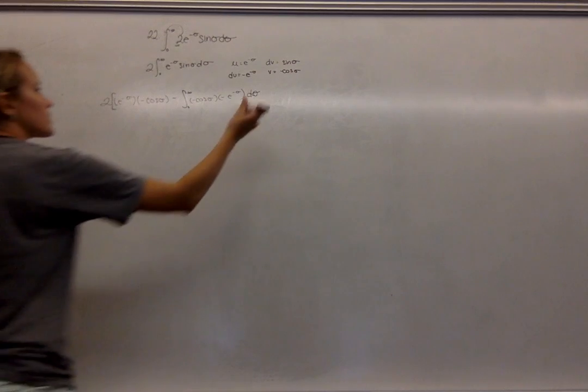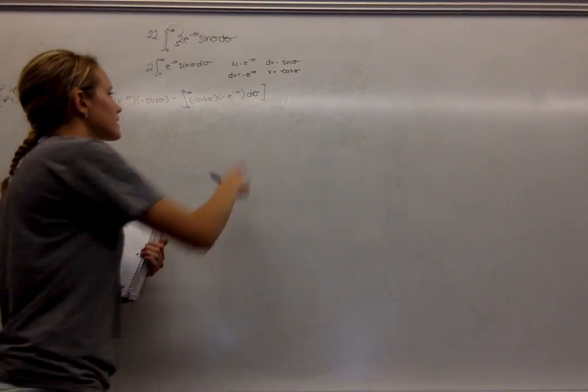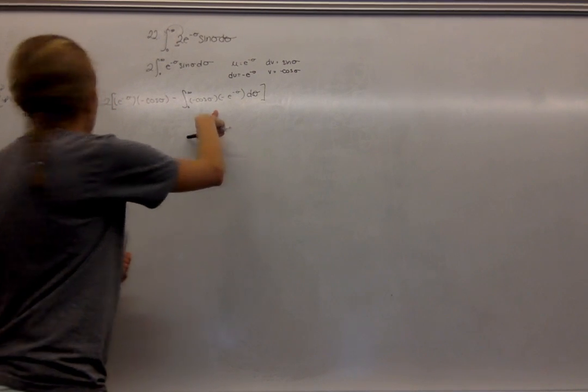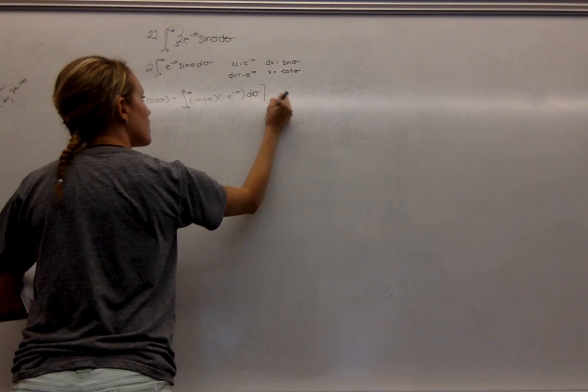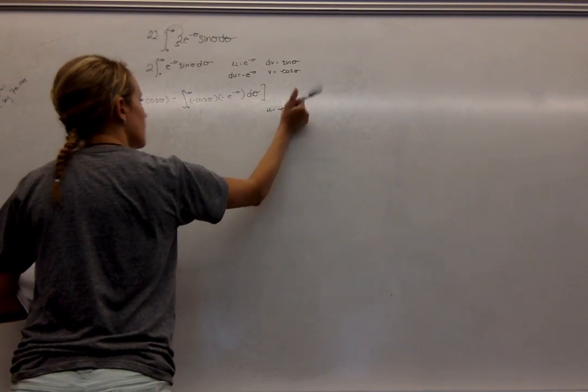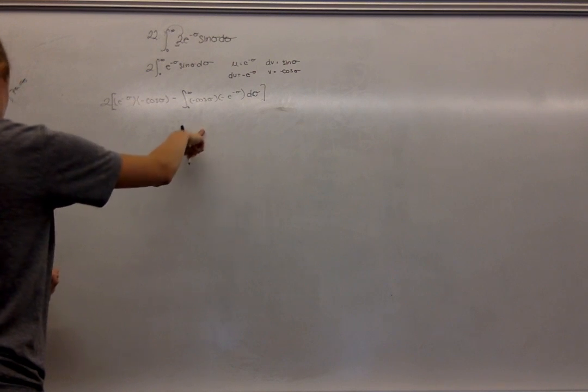Now let me put a bracket right here. We see that this is another integration by parts problem. First, what we're going to do is simplify this to account for all the negatives.